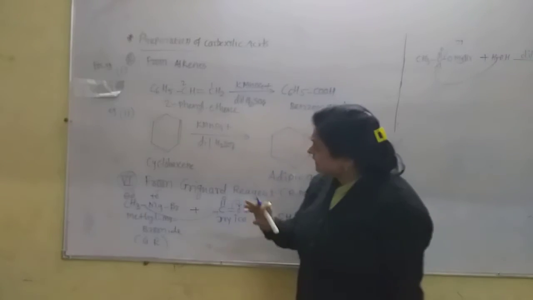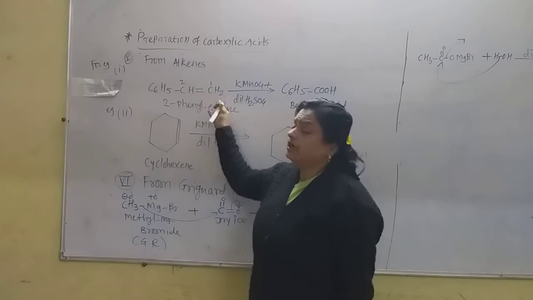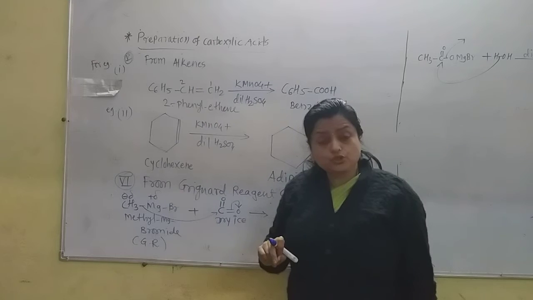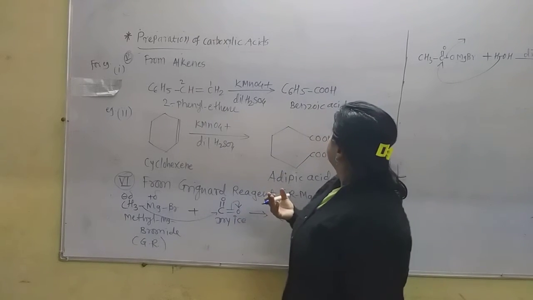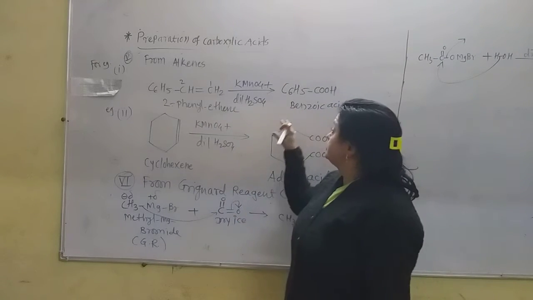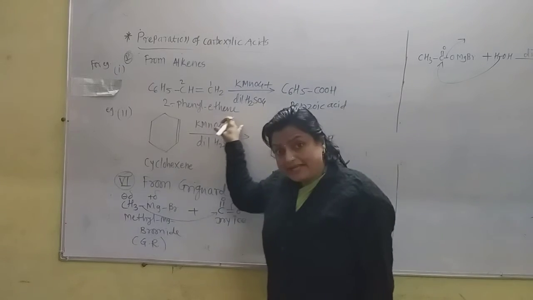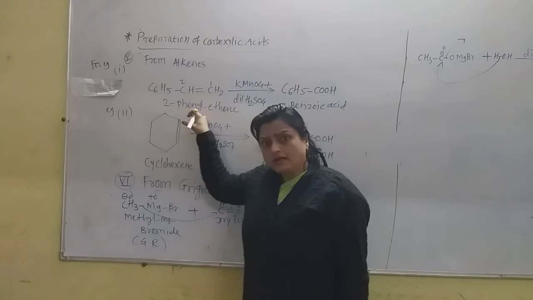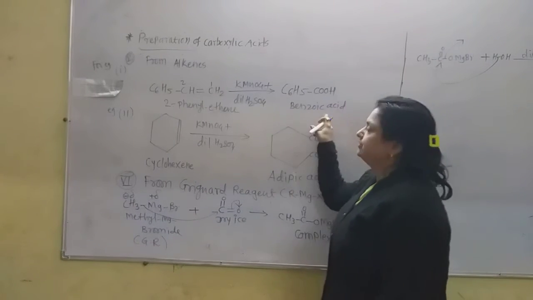There is no mechanism, only one carbon atom, the CH2 group, is eliminated. One carbon atom is less, from which the acid is formed. Directly benzoic acid is formed.